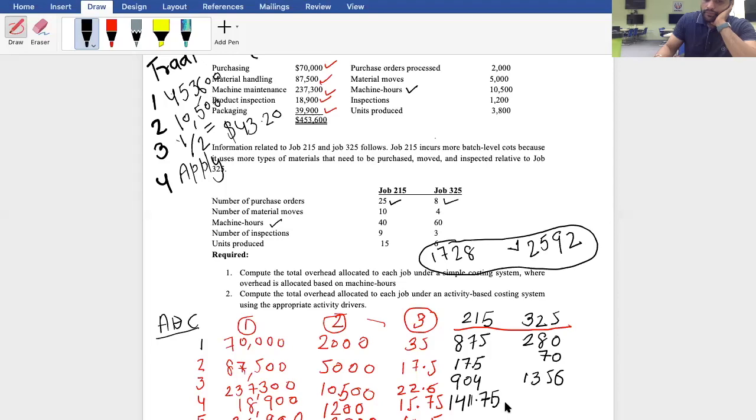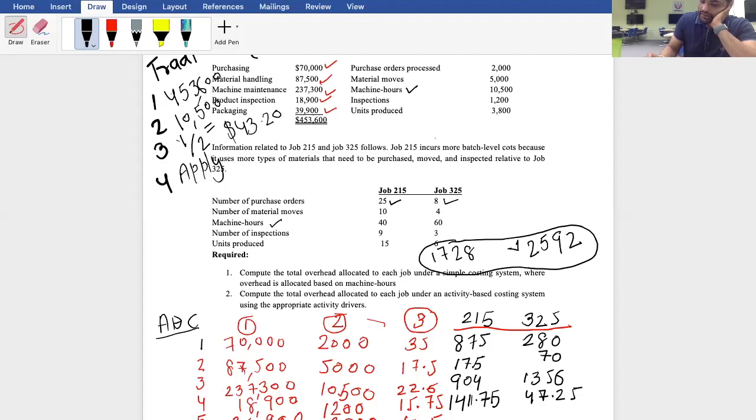141.75. And 15.75 multiplied by 3, which is 47.25. 47.25, right? The last one is units produced.